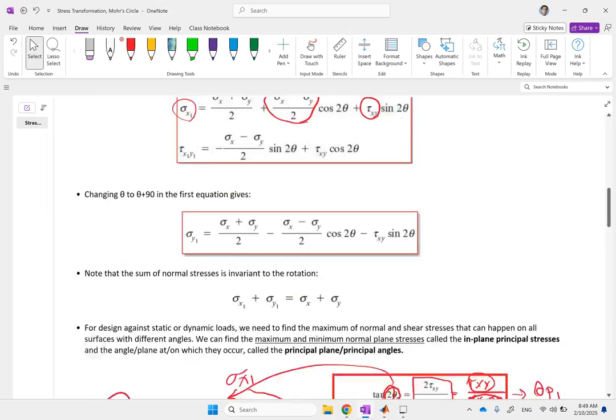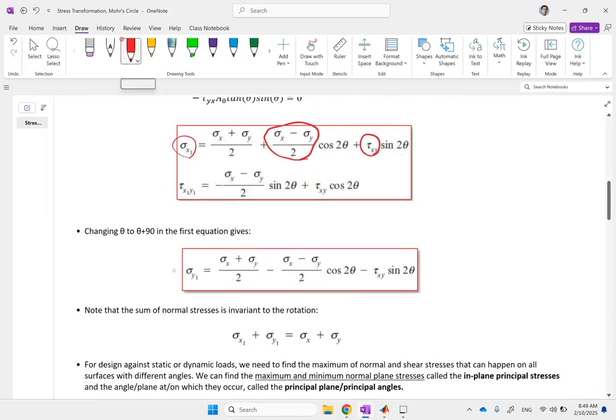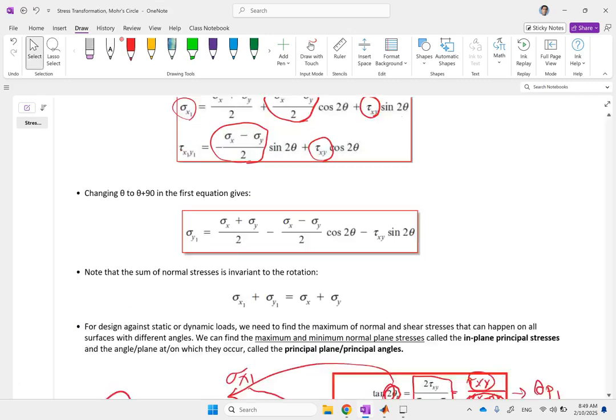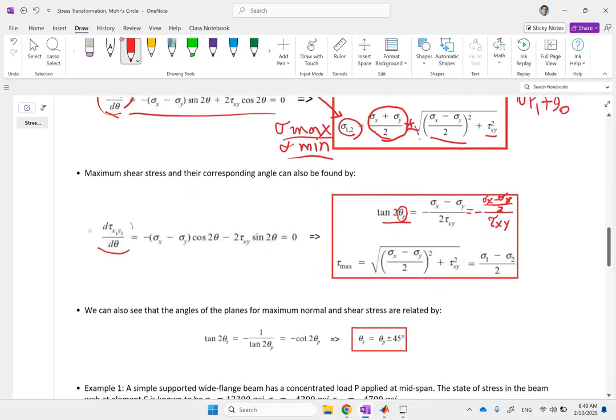Again, if you go back and look at these components, you have this one that is negative, you have this one that is positive. Again, it's the sine over the cosine component, which you can see over here.